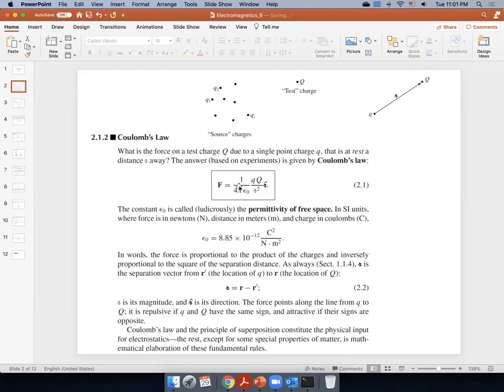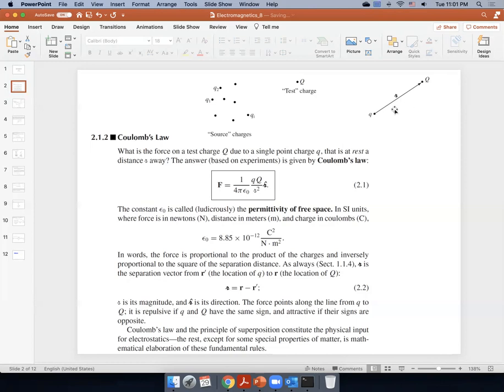F equals 1 over 4 pi epsilon 0 times Q1 Q2 over R squared. The direction of the force is in the direction of the vector between Q1 and Q2. Of course, if the two charges are both positive, then they repel each other.